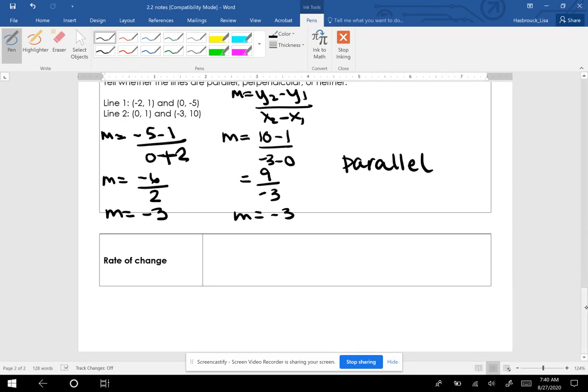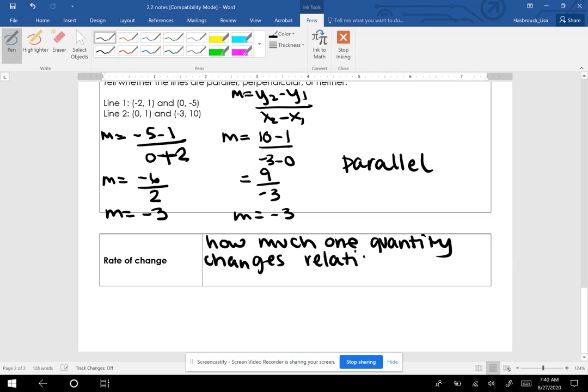Now we're just going to quickly go over the rate of change definition. This is how much one quantity changes relative to change in another quantity.